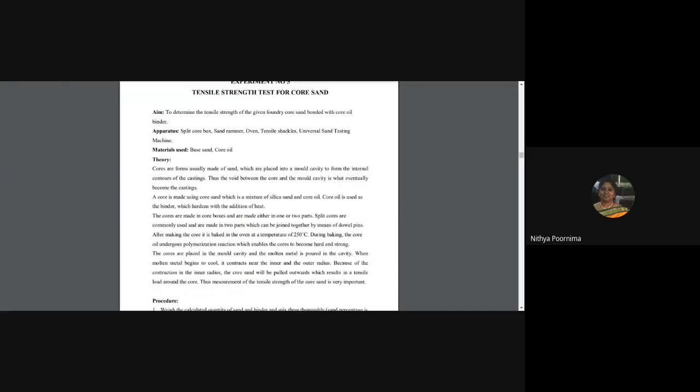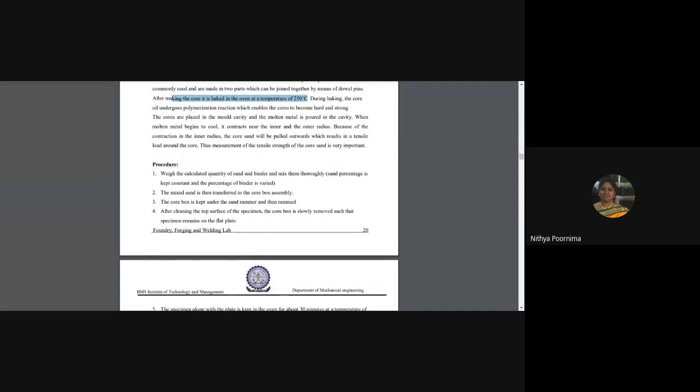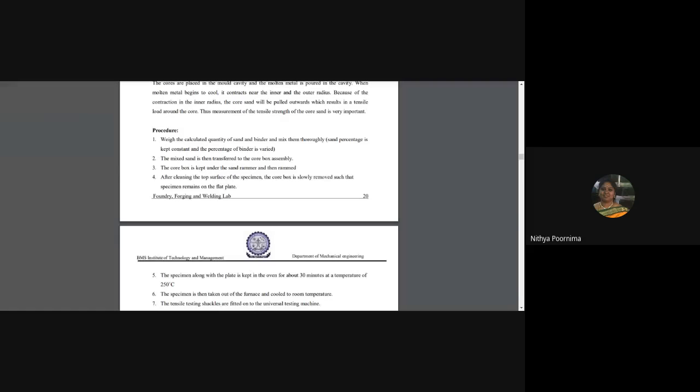Theory is you need to bring all the materials, bind it, and basically we're going to study the tensile test of the sample, which you can study once you bake it in the oven at 250 degrees Celsius. This baking will depend upon what kind of composition we are taking. Now for the experiment, the procedure will be to weigh the calculated quantity of sand and mix them thoroughly.